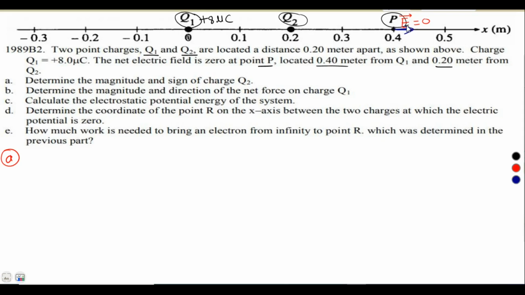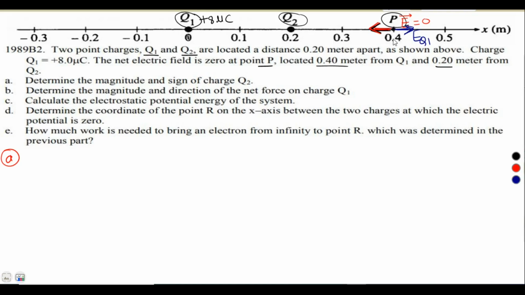So this will be EQ1, the electric field due to charge Q1. To cancel this electric field, there must be an electric field in the reverse direction, right? We want an electric field in the left hand side direction to cancel this EQ1.